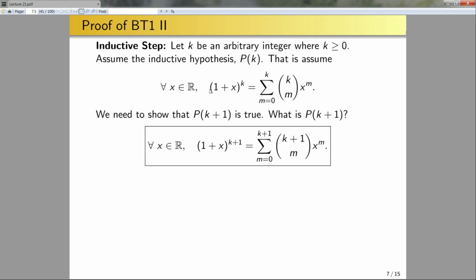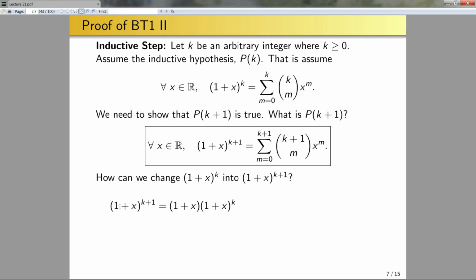Well, I'm starting with this expression here, so how can I turn this left-hand side into this left-hand side here? Explicitly, I can note 1 plus x to the k plus 1 is simply 1 plus x times 1 plus x to the k.